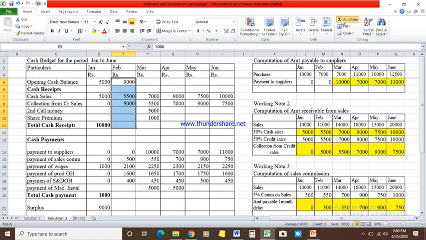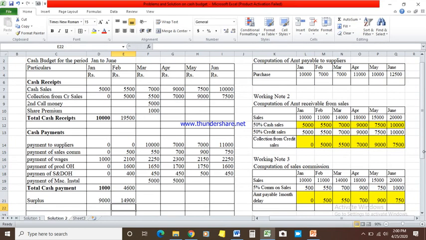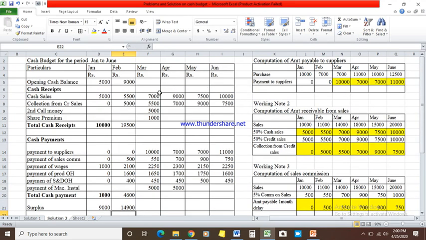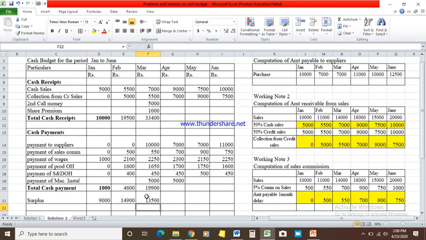Again we take the total, we add up the payment total, and we take the difference. So 14,900. Now again 14,900 becomes the opening balance. Take all the totals, payment total, again find the difference, 13,500.